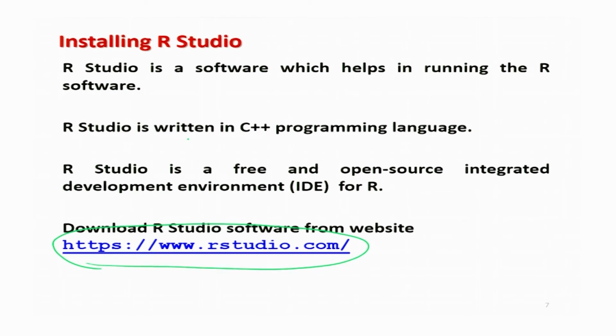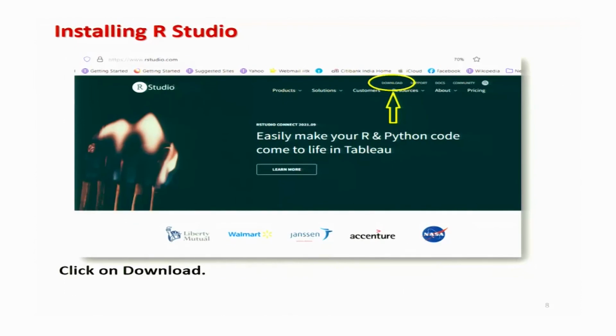This software is written in the C++ programming language, and it is a free and open source integrated development environment for R. When you go to the RStudio website, they have some versions which are paid and some versions which are free. I am talking here only of the free version, right.